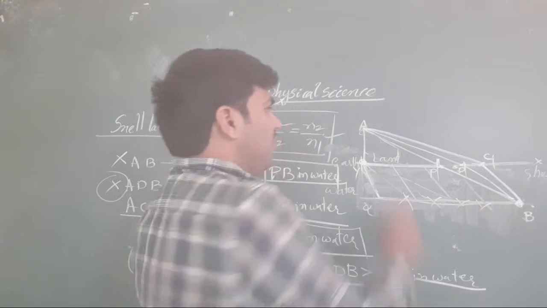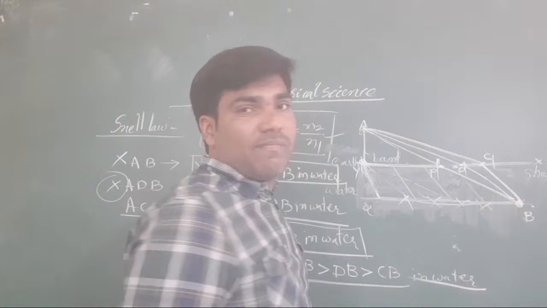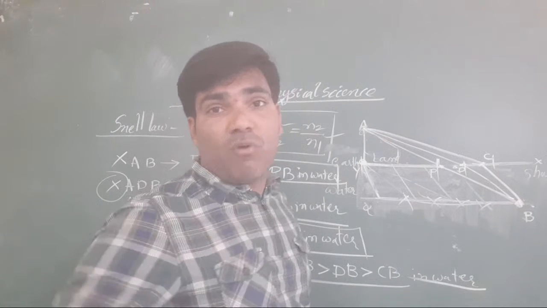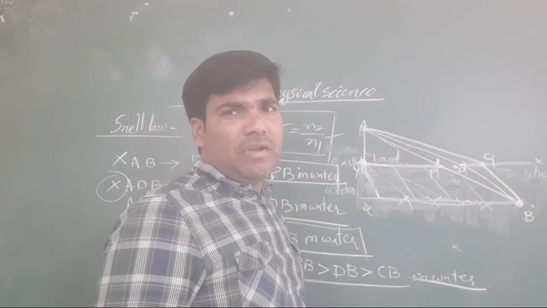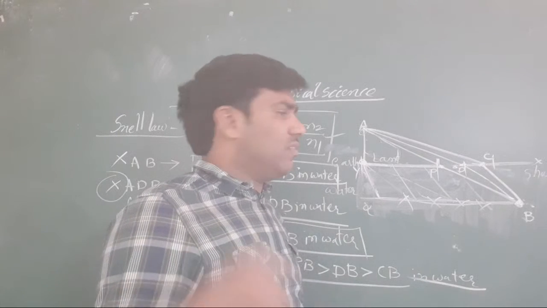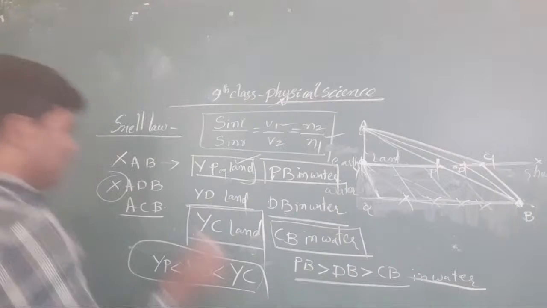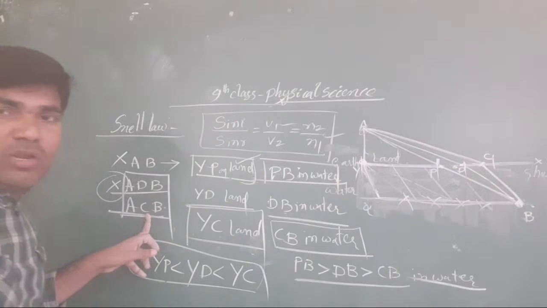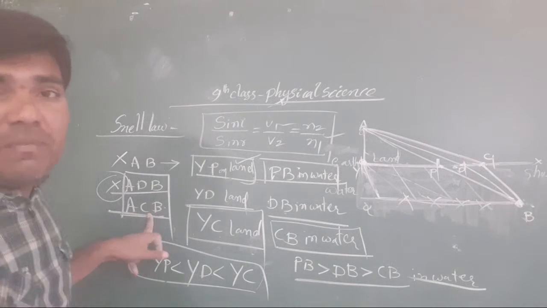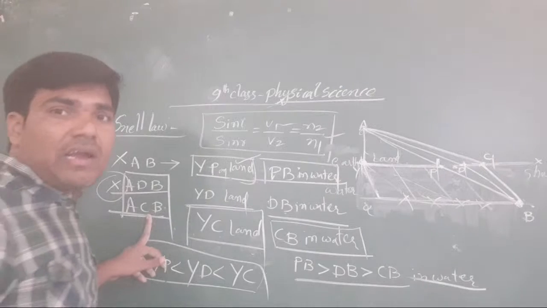In the same way, A to C, we travel more on the land, less in the water. But only a slight difference is there between these two paths, ADB and ACB. In actual manner, ACB only looks like the correct path.